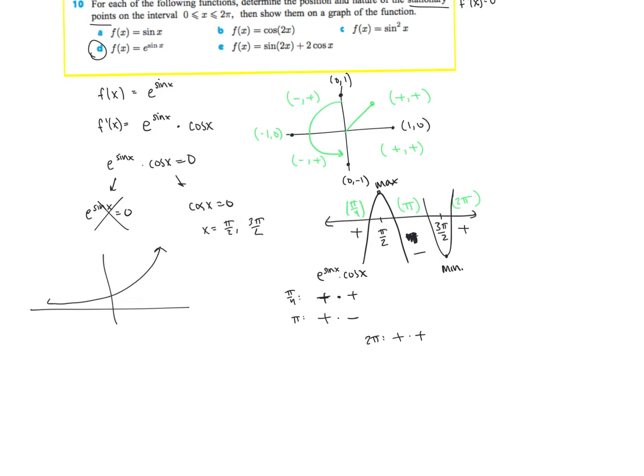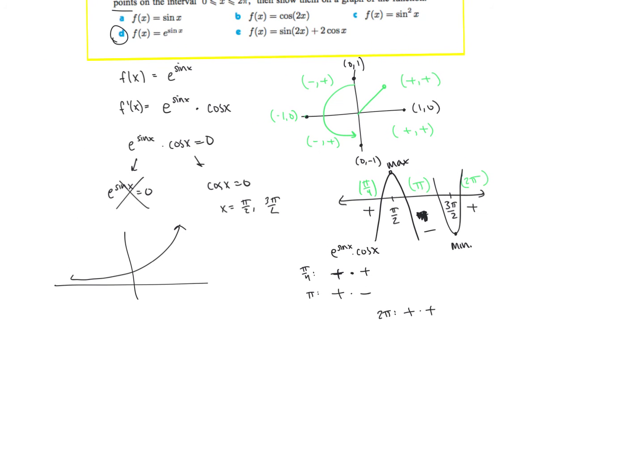So now we have to give the y values. So f of pi halves is e to the power of sine of pi halves. Sine of pi halves is 1, so that's e to the power of 1, or just e. So at pi halves, e, we have a maximum.